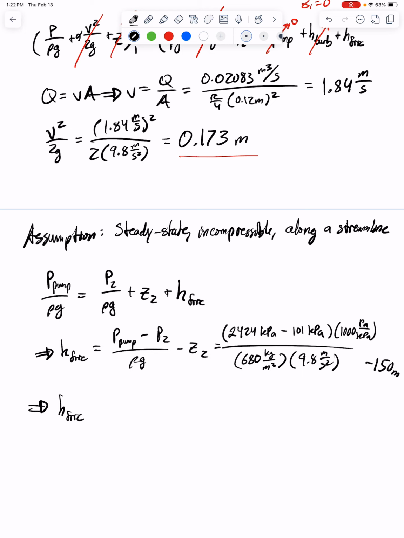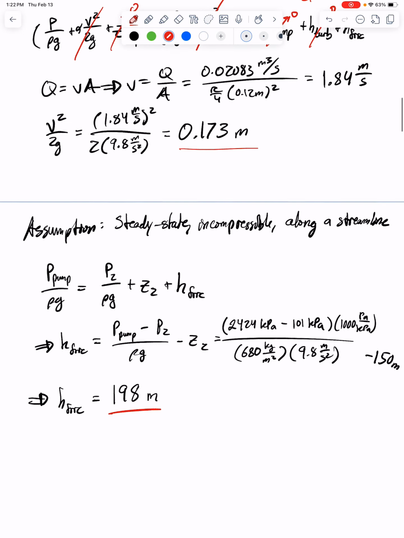Therefore, H friction should be 198 meters. So that is your head loss, which is based on a fluid column height.